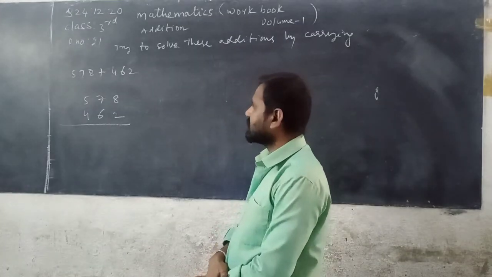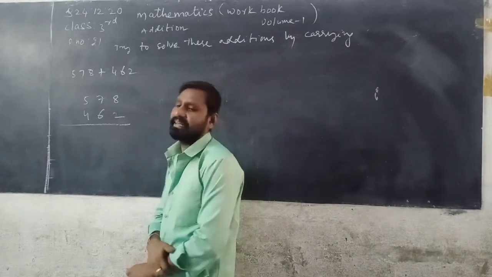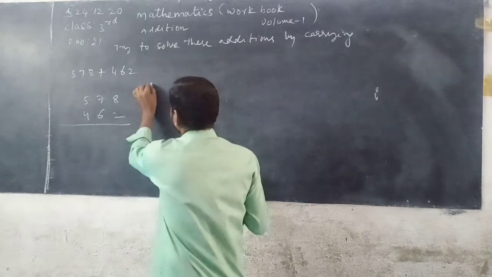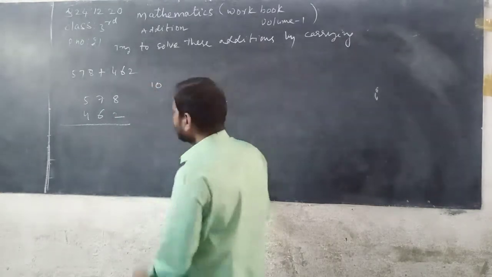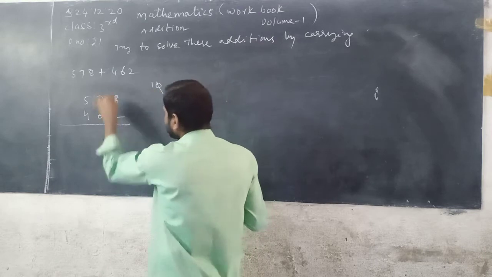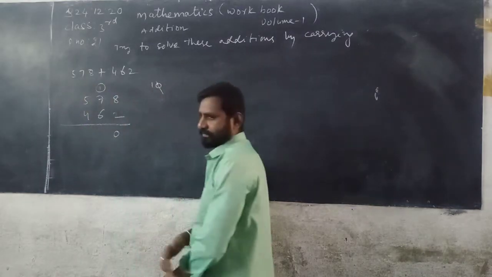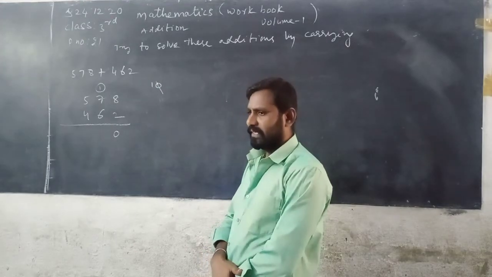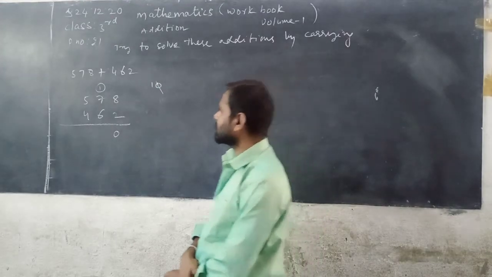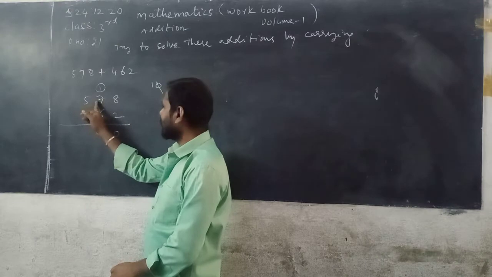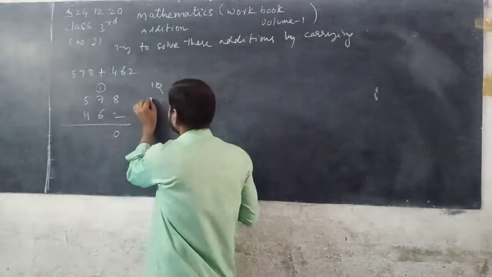First we add the digits in ones place. 8 plus 2 is 10. In it, 0 is written down in ones column and 1 is carried over to the tens place. Next add the digits in tens place. 1 plus 7 is 8, 8 plus 6 is 14.